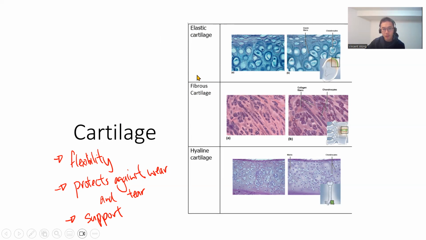Fibrous cartilage is found in between the bones in your backbone. Your backbone is made up of multiple repeating units. And when you bend forward and backwards, these tend to rub against each other. And so you want to put a little bit of cartilage in between.